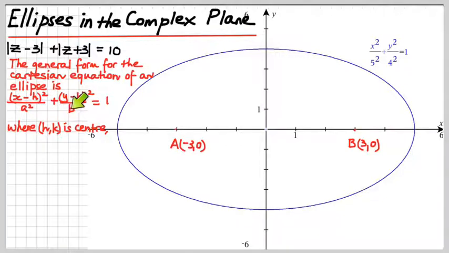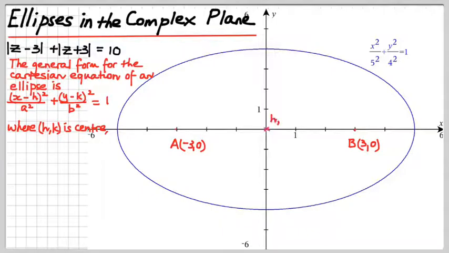This is the distance from the centre to the most vertical position, okay? The Y, or the vertical vertex, if you like. Highest vertical distance from the centre, and the centre point is H and K, okay?